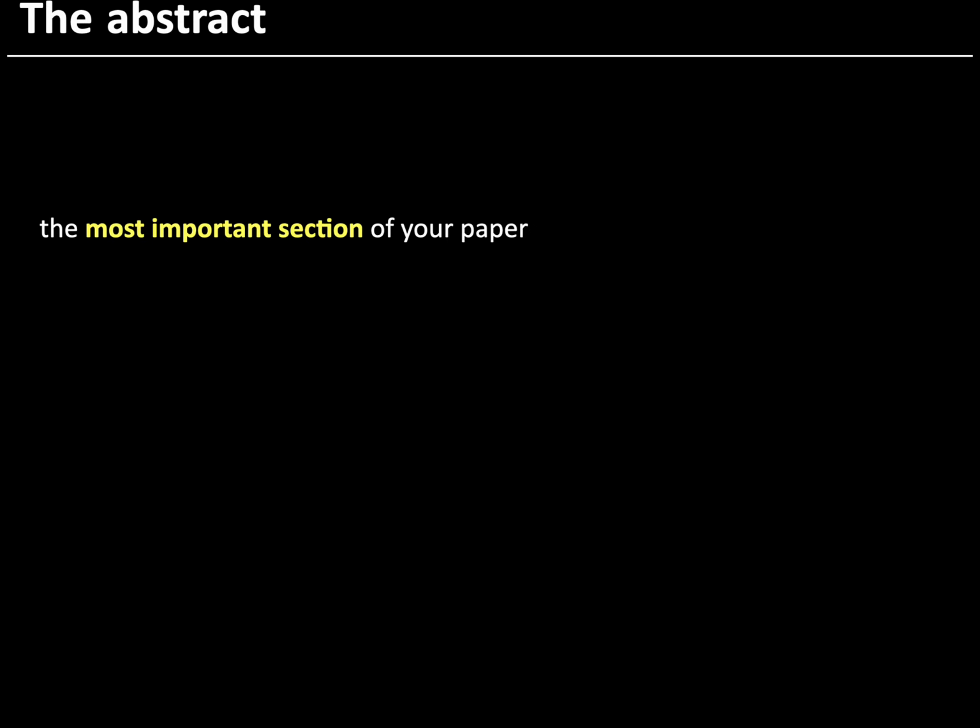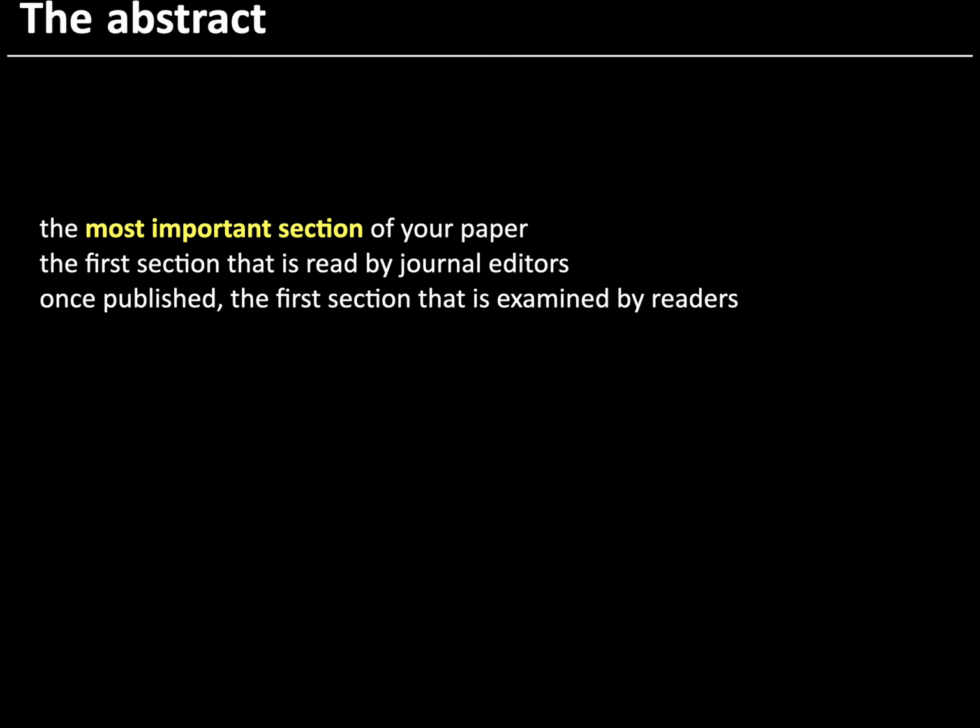Now move to the abstract. This is the most important section of the paper, right? Because after I glance through the title, or the editor-in-chief glances through the title, he or she moves to the abstract. This is the first section that is read by journal editors, and once the paper has been published, it is the first section that is read by the readers.